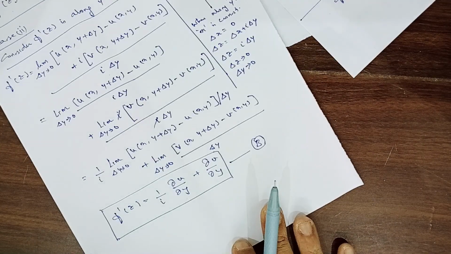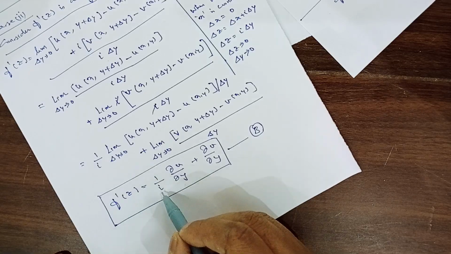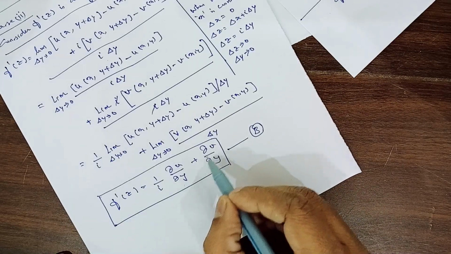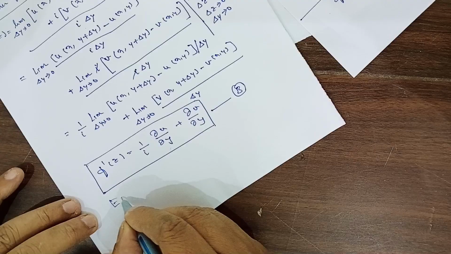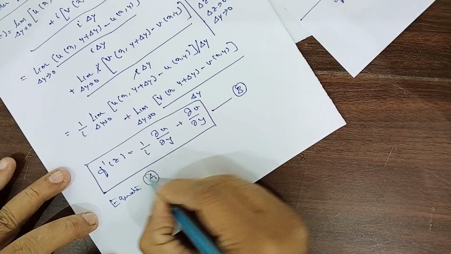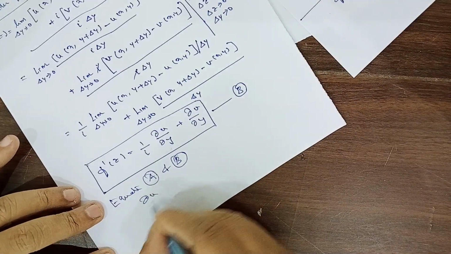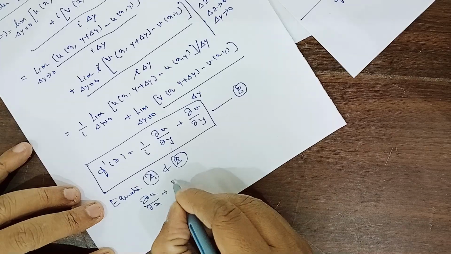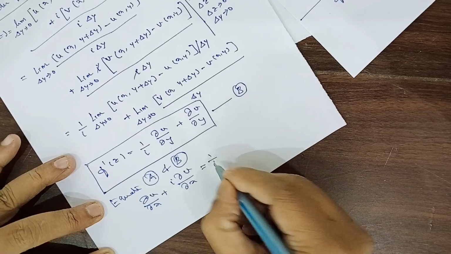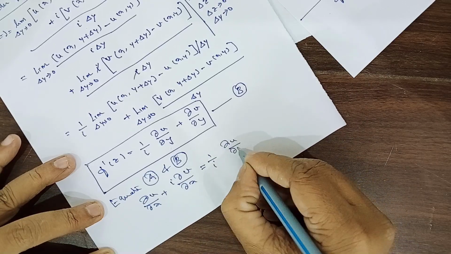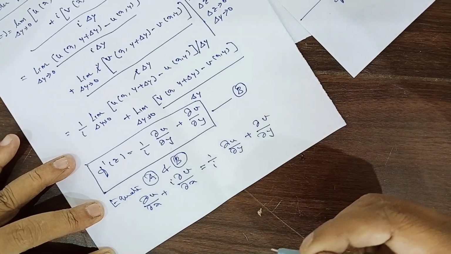Then applying case 2, condition 2, I am getting f dash of z is equal to 1 by i dou u by dou y plus dou v by dou y. Now equate these two equations, A and B. So dou u by dou x plus i dou v by dou x is equal to 1 by i dou u by dou y plus dou v by dou y.